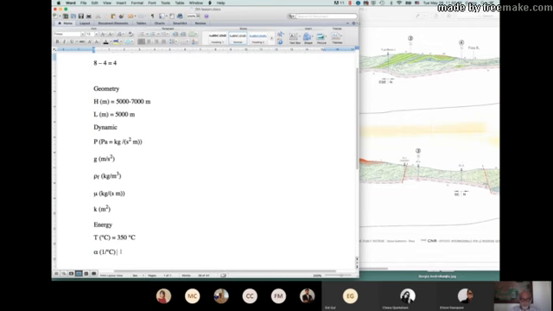The coefficient of thermal expansion for water is about 10 to the minus 3, 1 over centigrade.